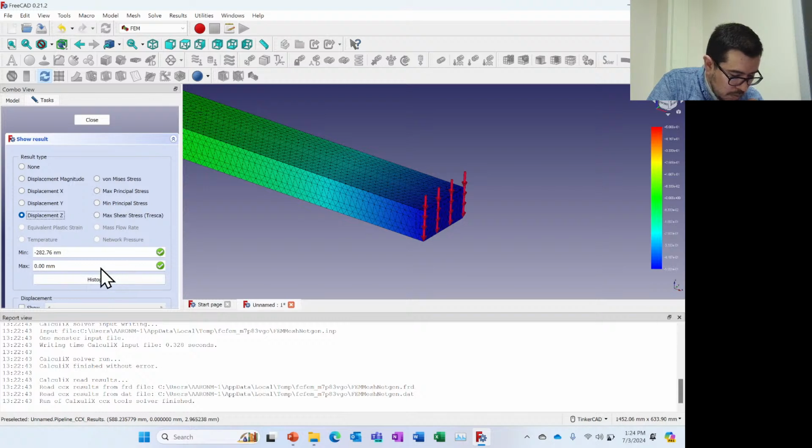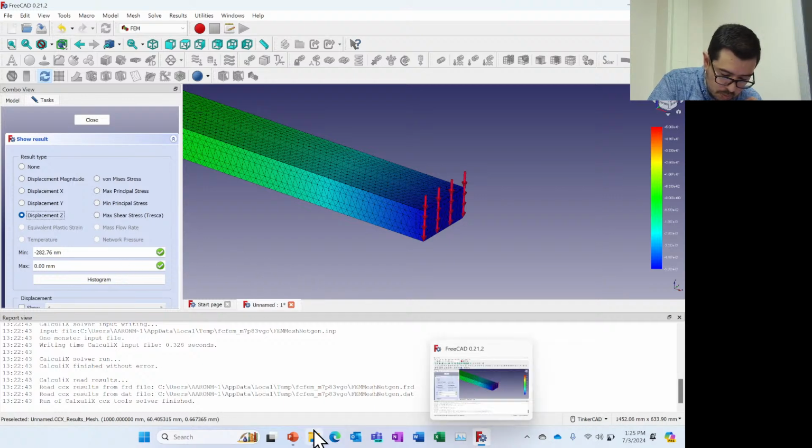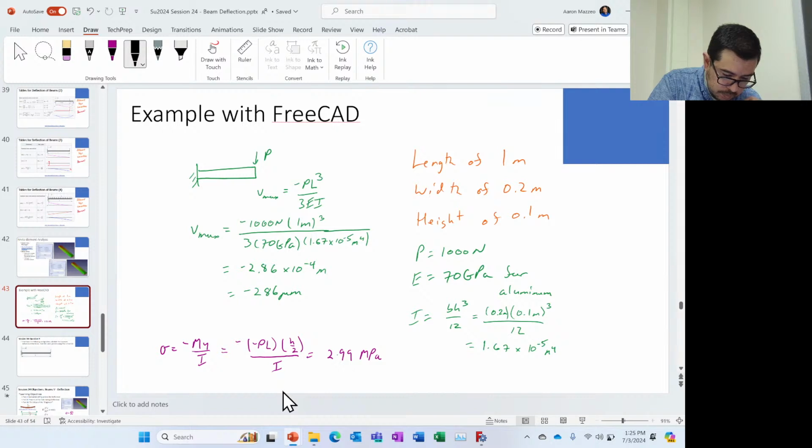Did I not put the right value in? So the minimum displacement in the Z direction, is this not right? Well, let's see, the displacement magnitude, oh, 280, yeah, that's right. This 285, but I calculated out 286 microns. Okay, so wait, did I do something wrong with the dimensions?